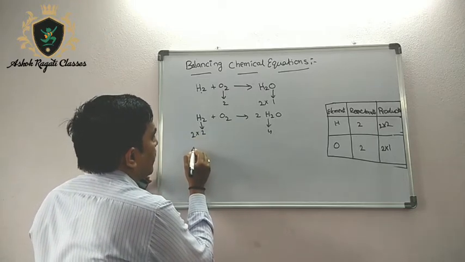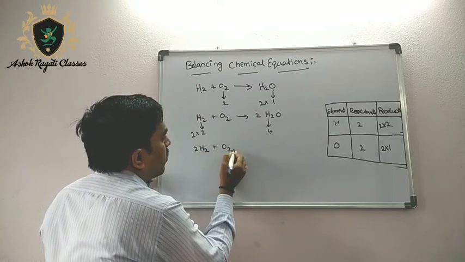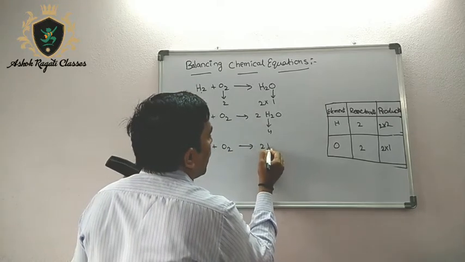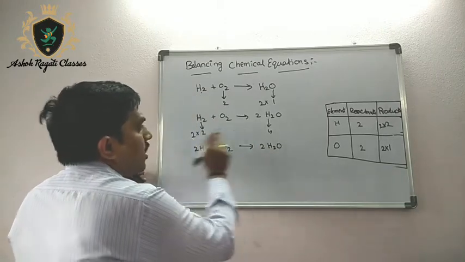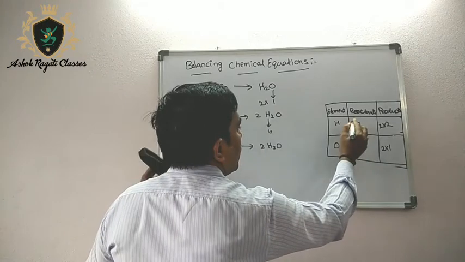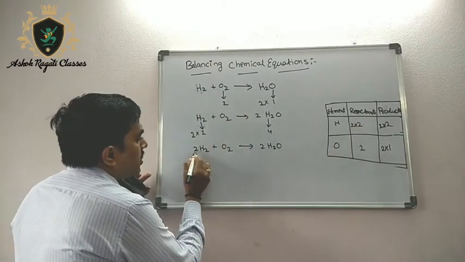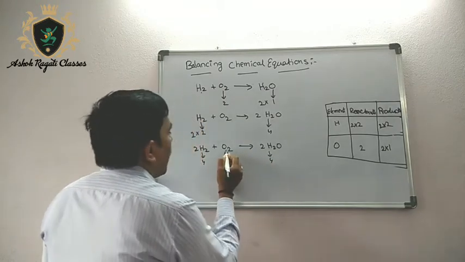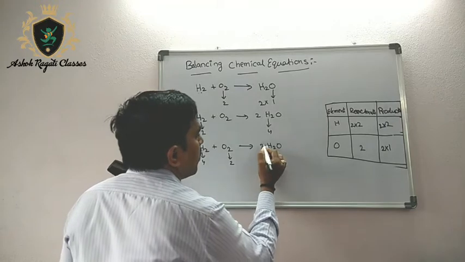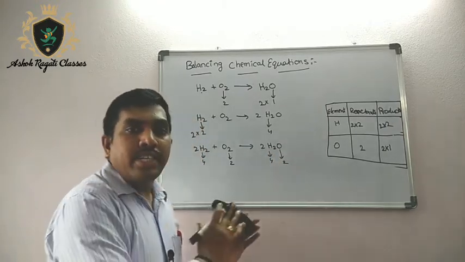So rewrite the equation: 2H2 plus O2 gives rise to 2H2O. What change did you make now? You multiplied hydrogen by 2. Now check it. 2 2s are 4, 2 2s are 4. Oxygens are 2, and 2 into 1 is 2. So the equation is balanced.